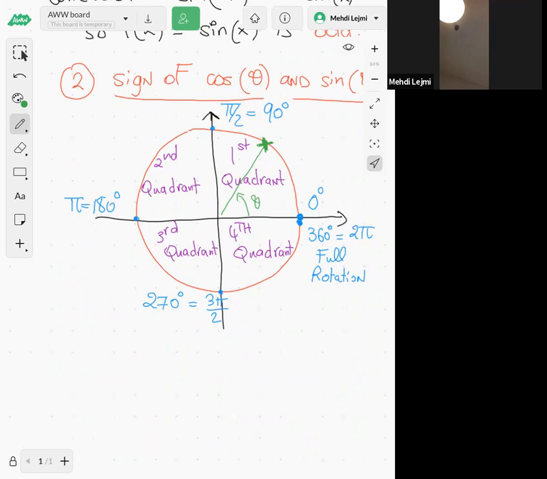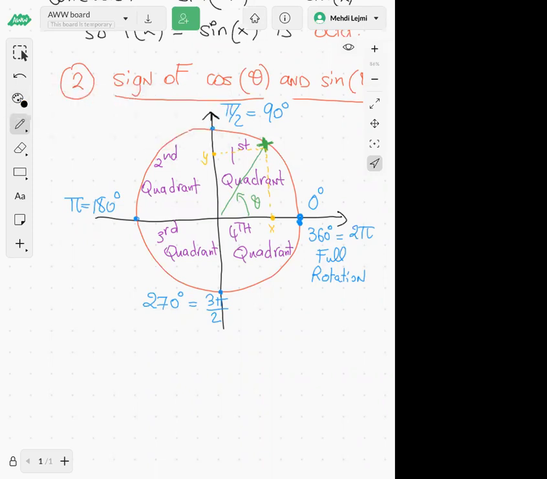Now, what will be the sign of sine and cosine? Well, as I said, guys, think of cosine as the x coordinate and of sine as the y coordinate. Like this point here, the x coordinate would be this, and the y coordinate would be this one here, right? So are x and y positive or negative? Yeah, both of them are positive, right?